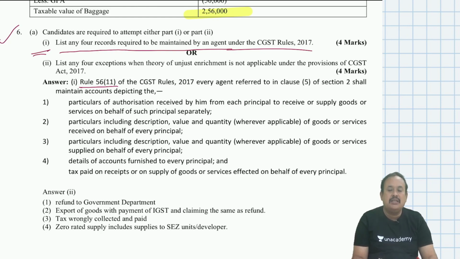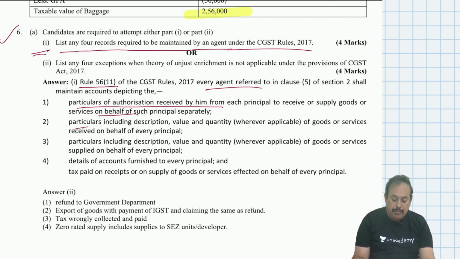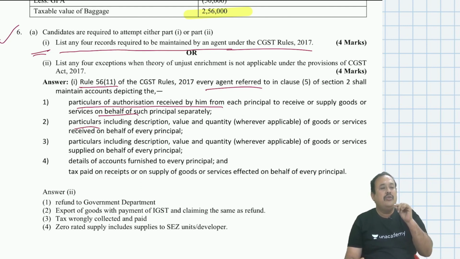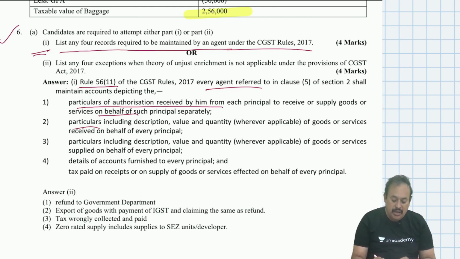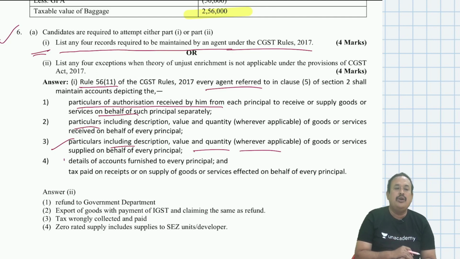As per Rule 56, sub-rule 11 of the CGST Rules, every agent referred to in clause 5 of Section 2 shall maintain accounts depicting the particulars of authorization received by him from each principal to receive or supply goods or services on behalf of such principal separately, particulars including description, value and quantity wherever applicable of goods or services received on behalf of every principal, and particulars including description, value and quantity wherever applicable of goods or services supplied on behalf of every principal.